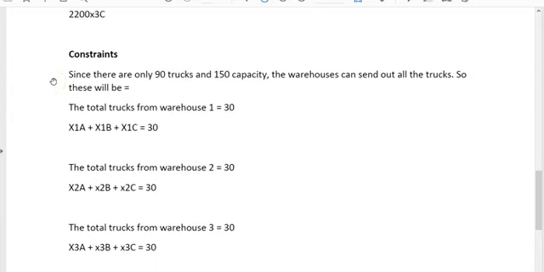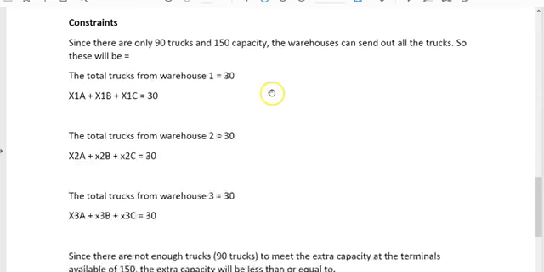Since there are only 90 trucks and 150 capacity, the warehouses can send out all the trucks. So these will be equal. They're going to send out all the trucks from warehouse 1, which would be 1 to A, 1 to B, and 1 to C. They're going to send out all 30.